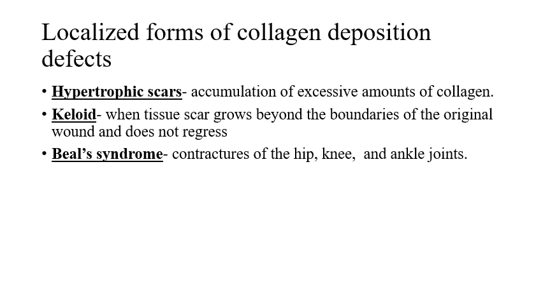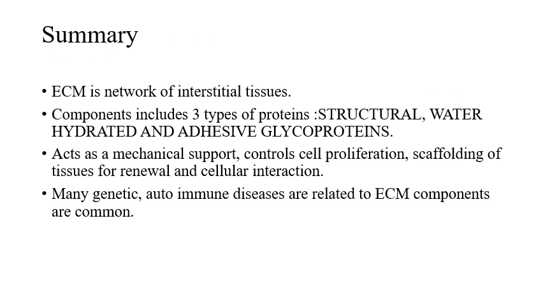Keloid formation is when the tissue scar grows beyond the boundaries of the original wound and does not regress. And the third one is Beals syndrome. Here there is contraction of the hip, knee and ankle joints.